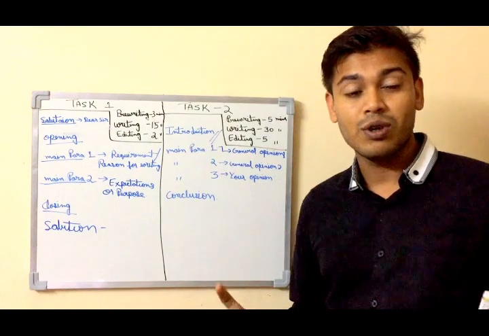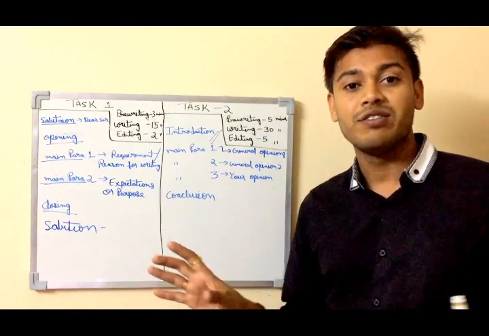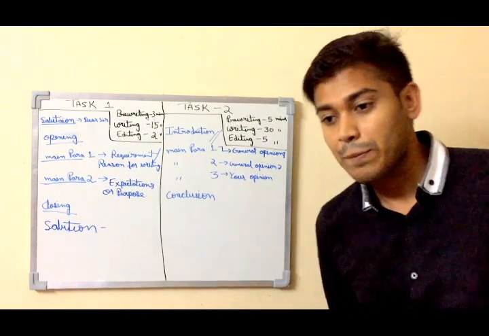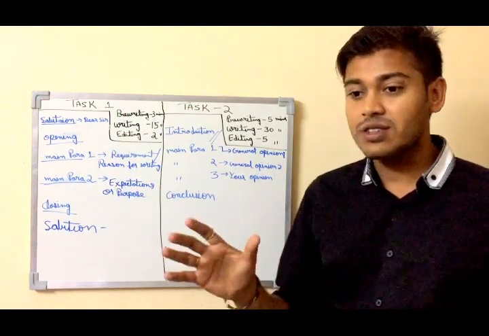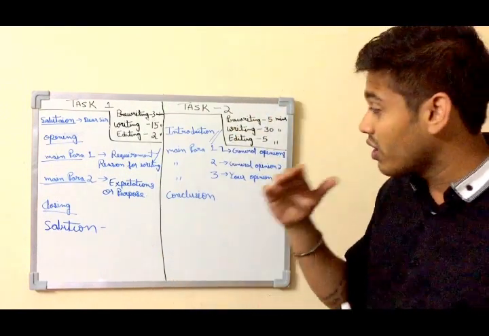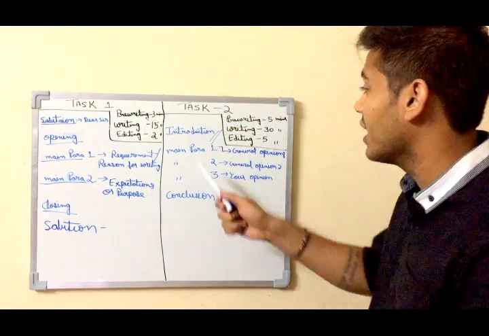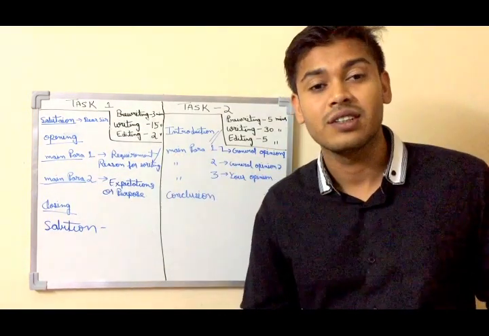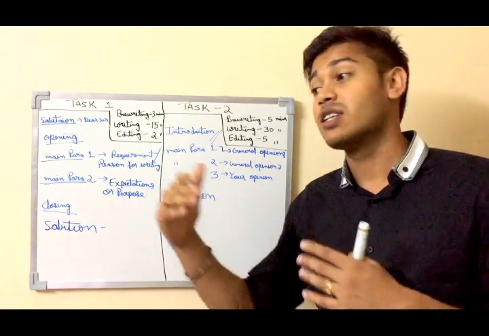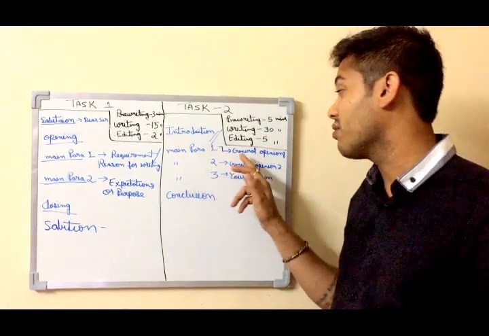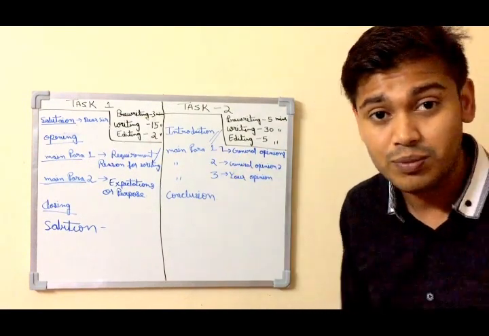There are 2 groups of people which have different beliefs. The first group believes in something and the second group believes in another thing. So whatever the beliefs of the first group, you can write in main para 1, that it is generally believed by this group.